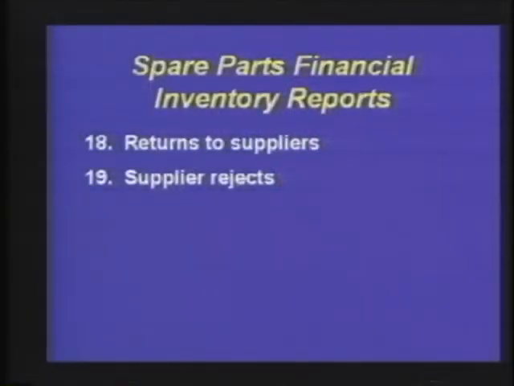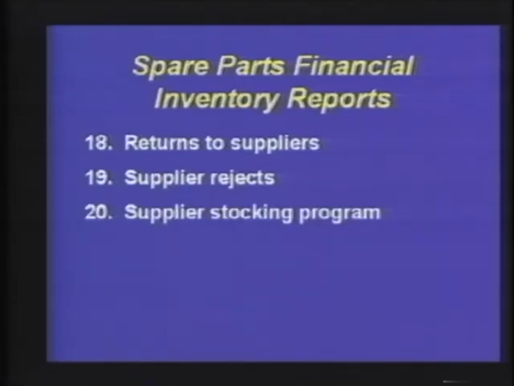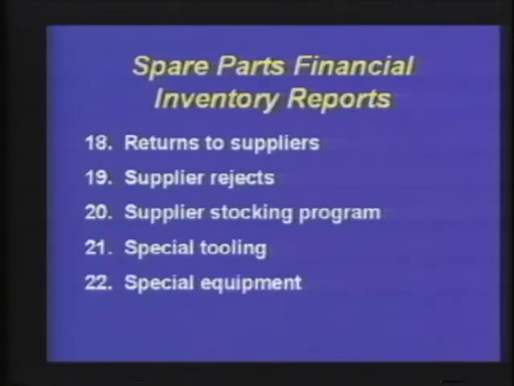And then other items like 18 are returns to suppliers, 19 are supplier rejects, and that is a byproduct of receiving inspection. 20 would be the supplier stocking programs. 21 and 22 address the special tooling and special equipment. And here again, 23 indicates other applications relative to inventory. That is basically what page number 2 is addressing.